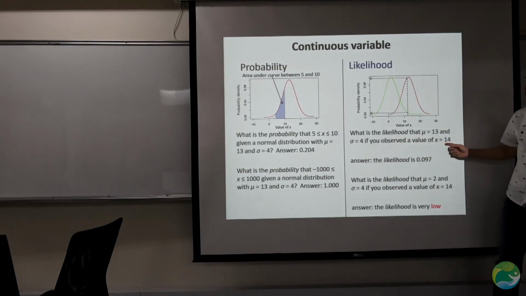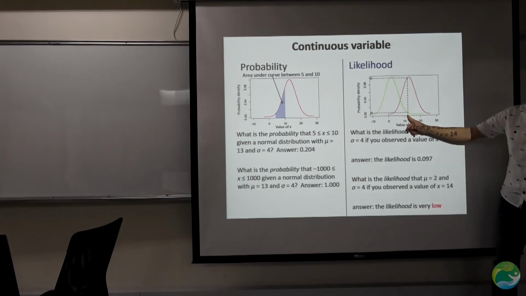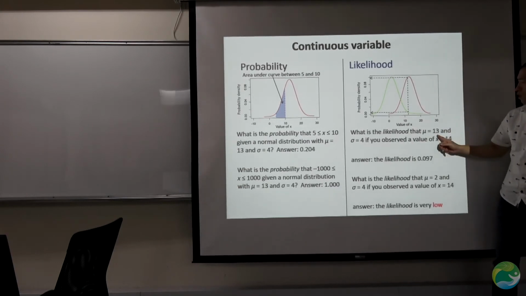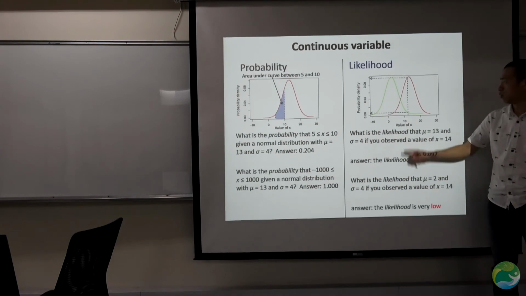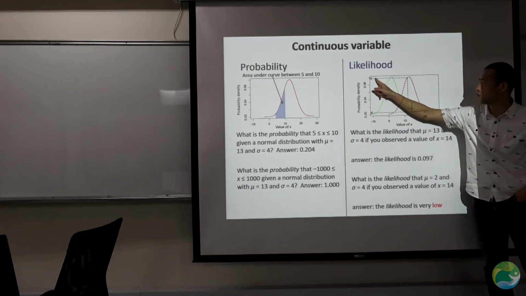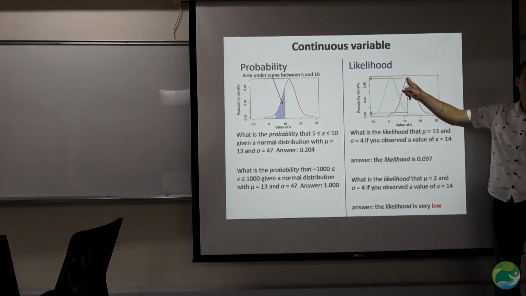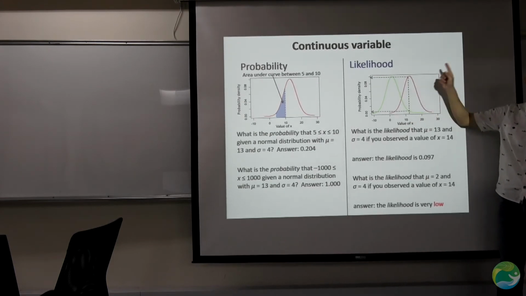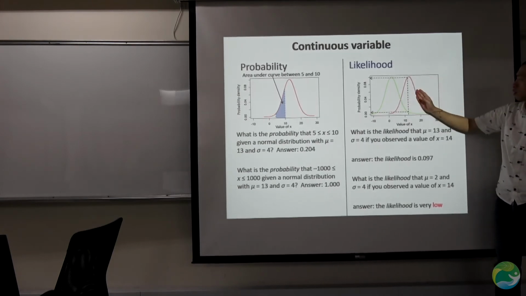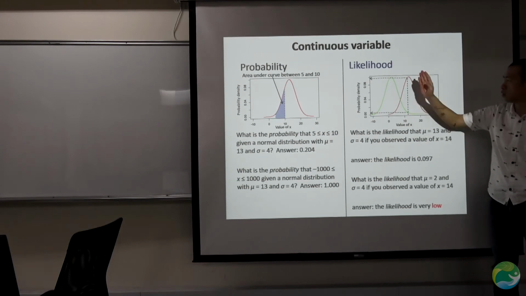Given the observed outcome 14, how likely is the parameter equal to 13 and 4? This is the likelihood. We use the PDF, the probability density, to represent how likely this one is compared to how likely this one.